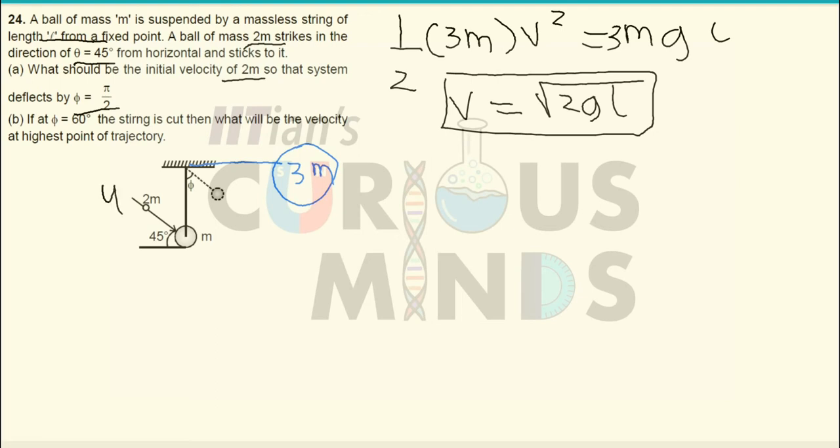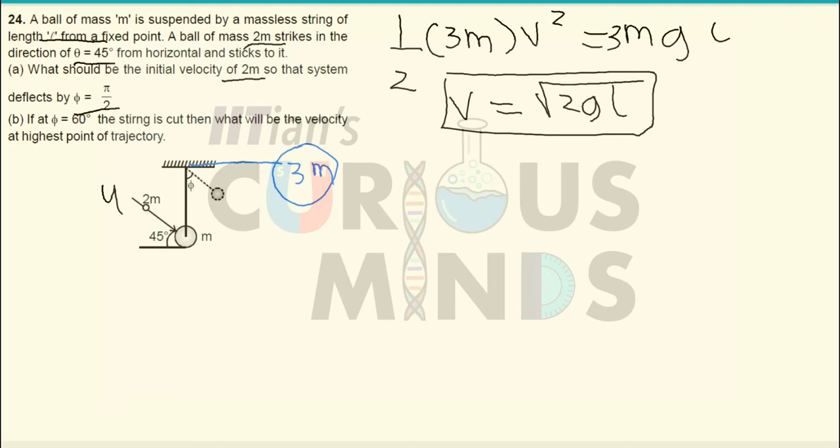In the horizontal direction the velocity will be u cos 45, and in the vertical direction it will be u sin 45.